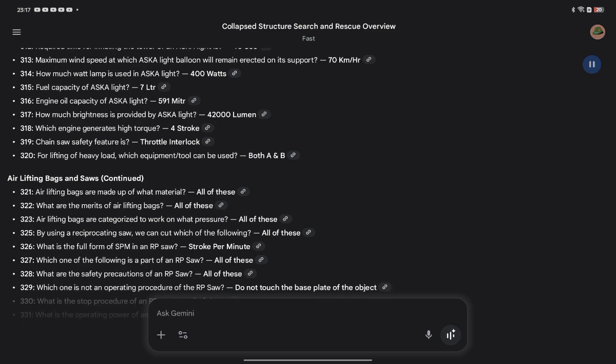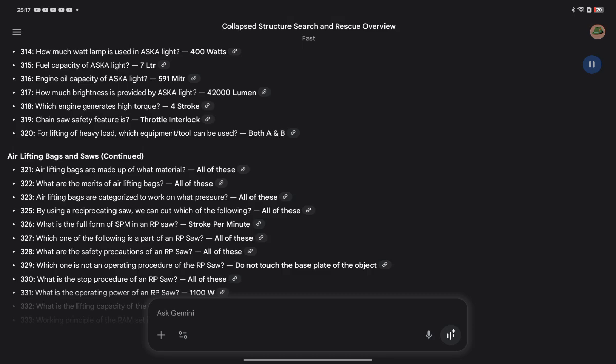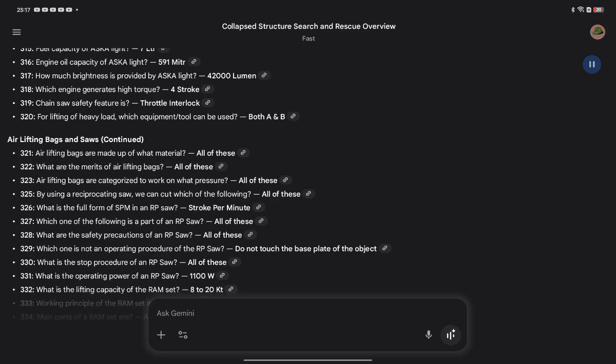313. Maximum wind speed at which Asker light balloon will remain erected on its support. 70 km/h. 314. How much watt lamp is used in Asker light? 400 watts. 315. Fuel capacity of Asker A light. 7 LTR. 316. Engine oil capacity of Asker light. 591 meter. 317.